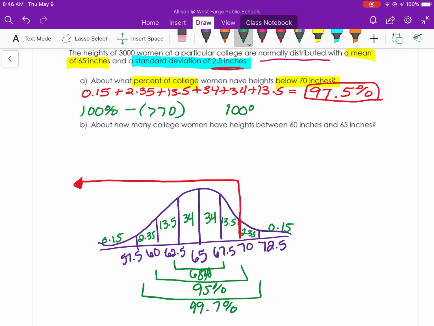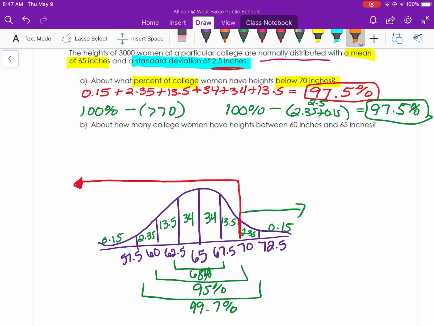So 100% take away what's greater than 70 would be just these two right here, 2.35 and 0.15. So that would be 100 minus 2.5, which would equal 97.5 as well. So that would be maybe the quicker way. Instead of adding up all the ones below, add up the ones above it and subtract it from 100.